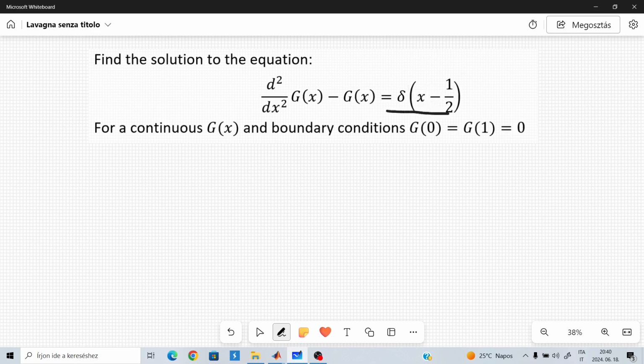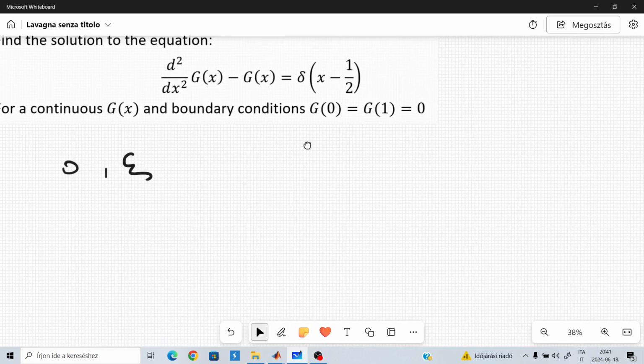But how do we take into account the presence of the Dirac delta? Well, I will assume that you are perfectly aware of the properties of the Dirac delta, and what I'm going to do is integrate both sides of this differential equation from 0 to xi. xi you can think of as just a real number which can take values from 0 to 1, and we have to differentiate between the two possibilities, that xi is smaller than 1/2 and xi is greater than 1/2.